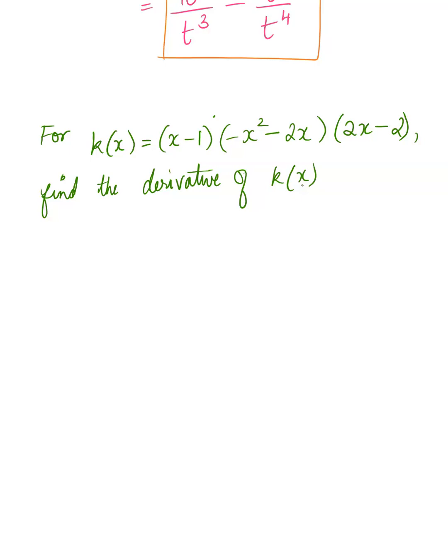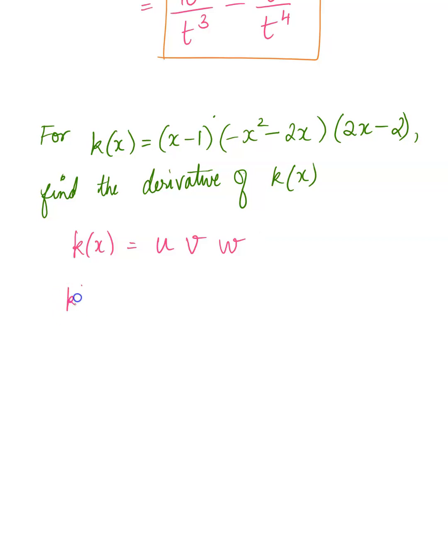So if I have 3 functions, let's say k of x is u times v times w. If you want w, we can use w. u, v, w, is that helpful? Okay.